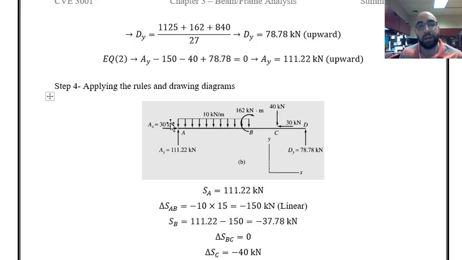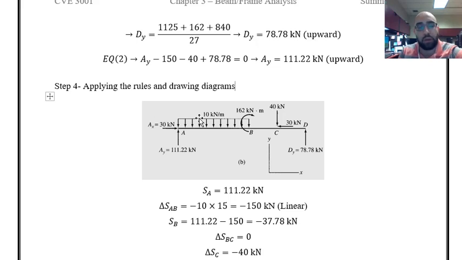Since we have a distributed load, we know that the intensity or the slope of the shear distribution is equal to the intensity of the distributed load, right? That was the dS over dx equal to w. We had this term in the presentation files.